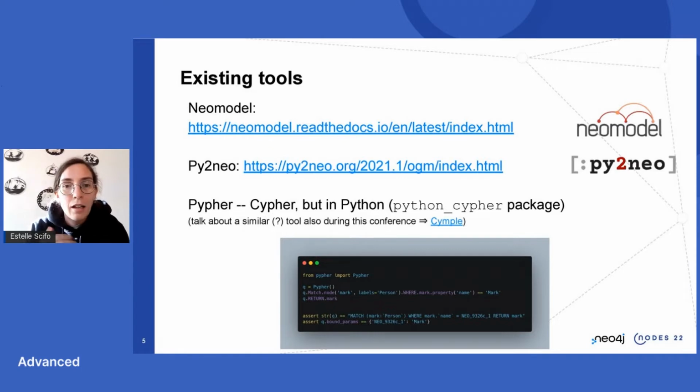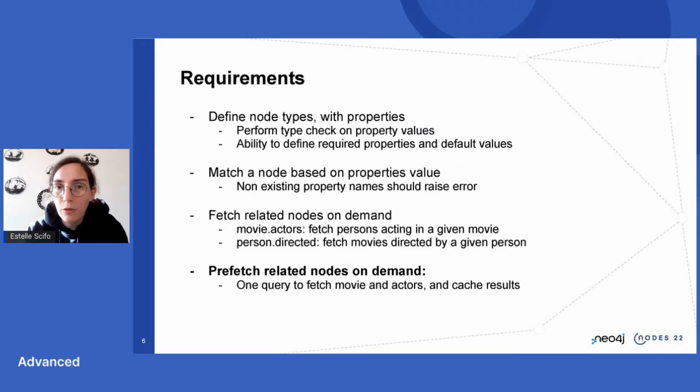But Cypher doesn't have the object mapping part. And from what I could see in NeoModel and Py2Neo, it was not possible to retrieve what was important for me, which is to retrieve multiple objects in one single hop. So that's why I basically decided to write my own tool.